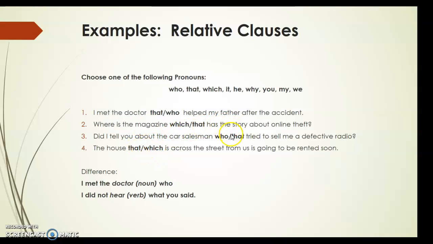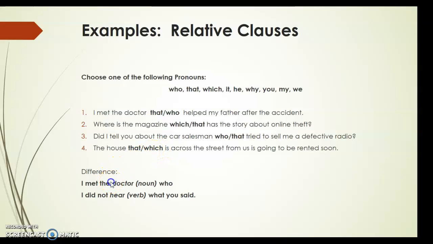Now remember, again, these are relative pronouns, and they refer to the noun that comes before them, okay? They refer to the noun that comes before each relative pronoun, okay?